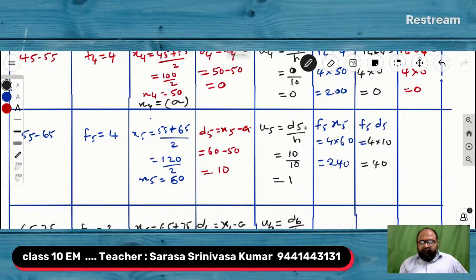Next, we calculate F5 U5. F5 U5 is equal to F5 is 4 multiplied by U5 is 1. So this is equal to 4.